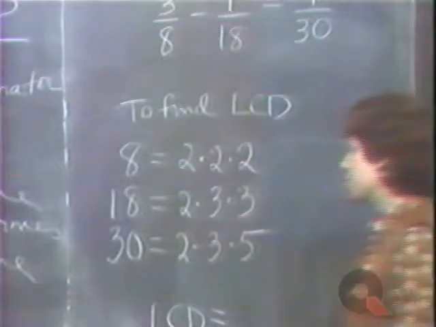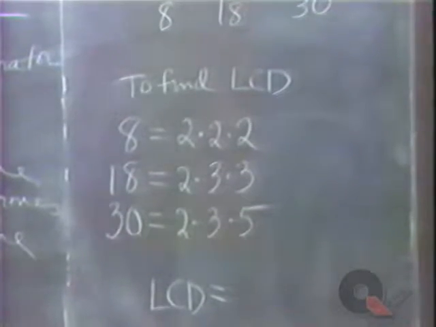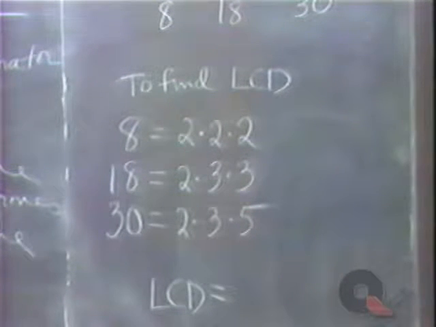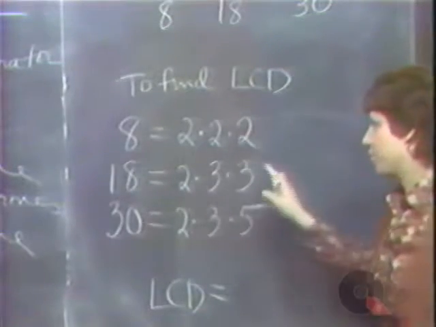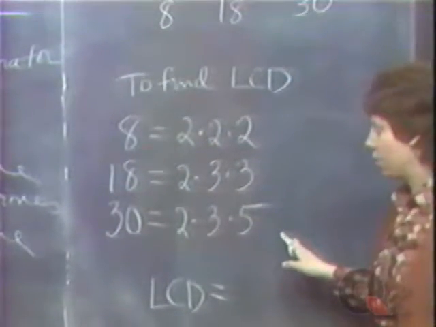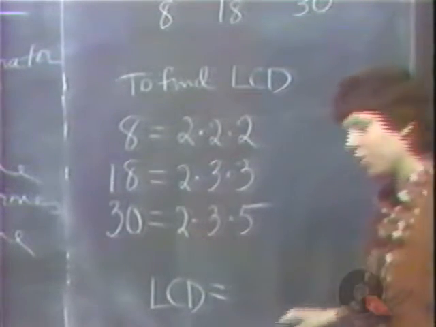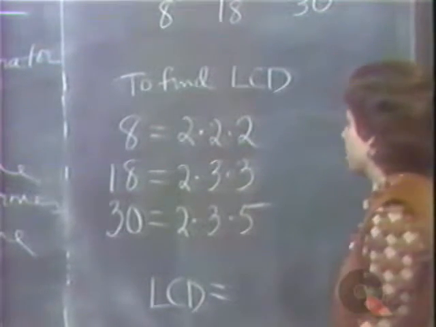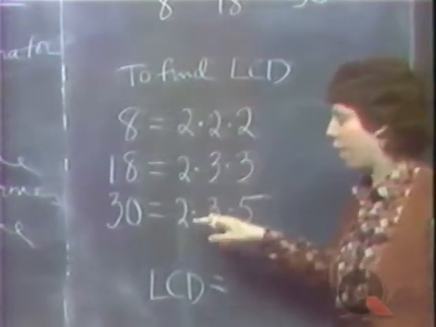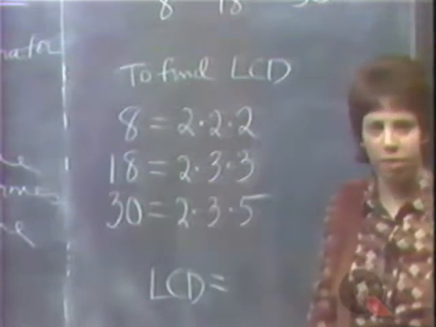To find the least common denominator, we're going to take each factor the greatest number of times it appears in any one denominator. There are 3 types of factors here: 2s, 3s, and 5s. Our LCD will be composed of 2s, 3s, and 5s. Now, how many 2s to take? You don't say 1, 2, 3, 4, 5 and take 2 five times.